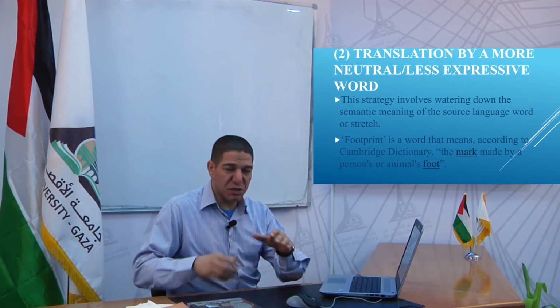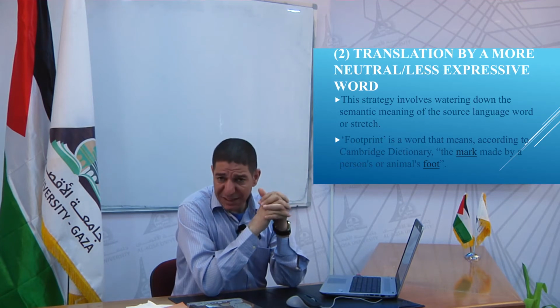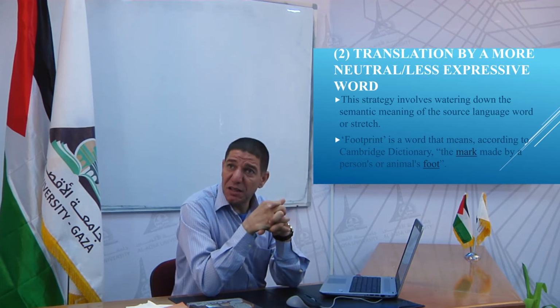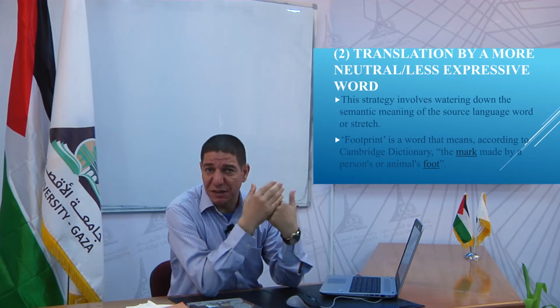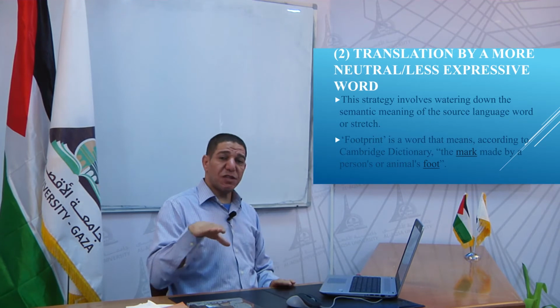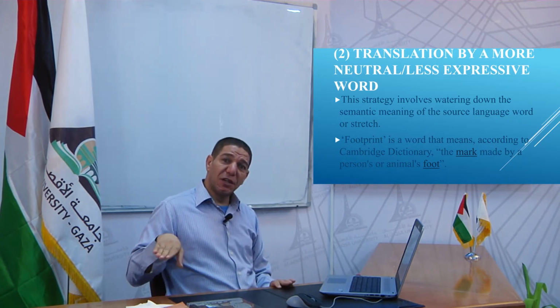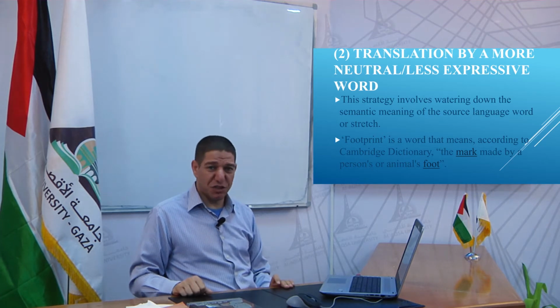But when it comes, in a text such as the deal of the century. You know the deal of the century is very famous these days, صفقة القرن, okay? Now, you could see this footprint recurring in the text of the deal of the century.